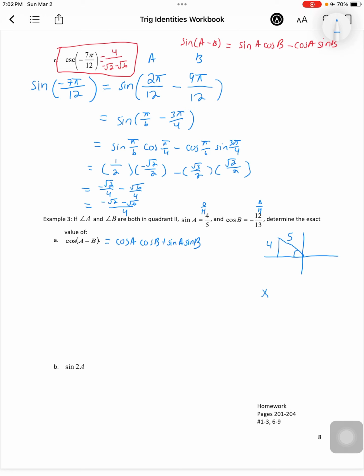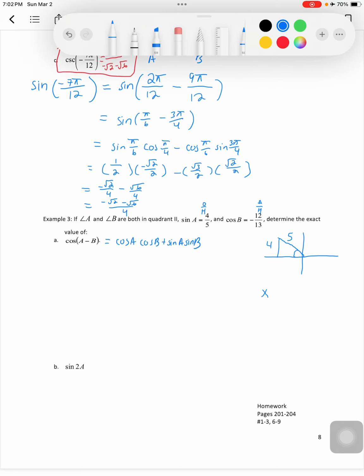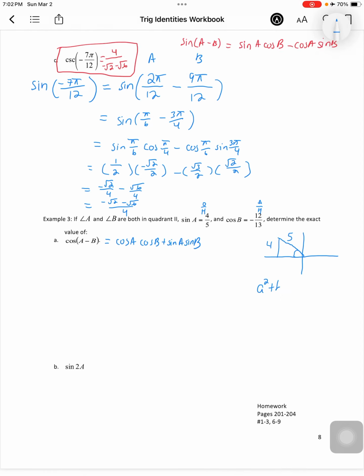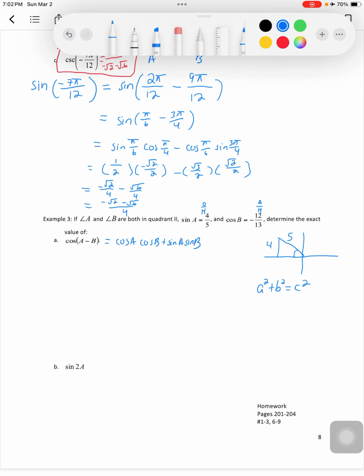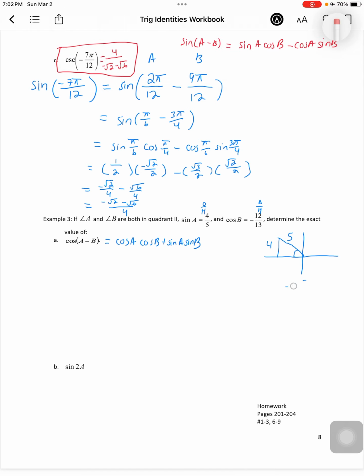Before I even get to that part, a lot of students like to write a squared plus b squared equals c squared, which is the correct formula, but because we're working with A's and B's, you're not going to write a's, b's, and c's.